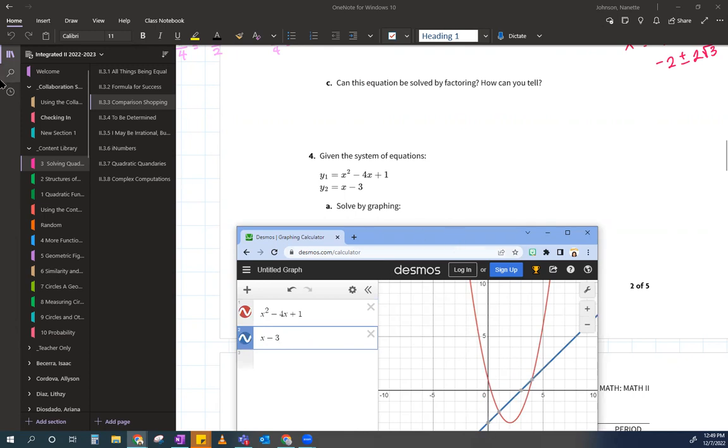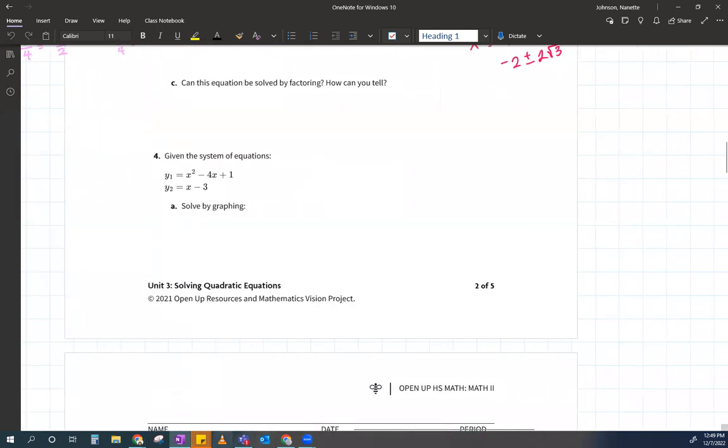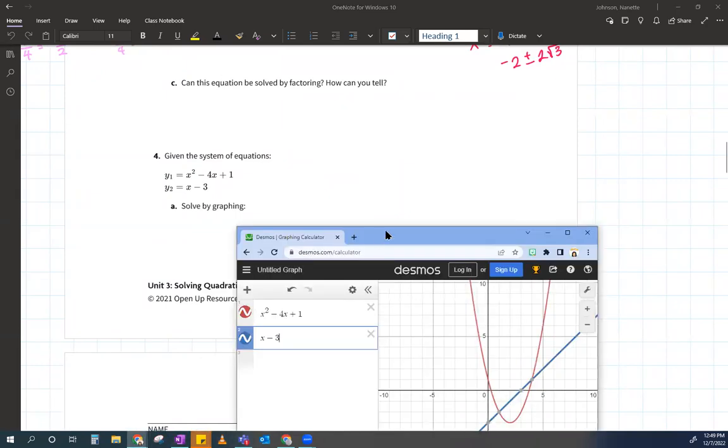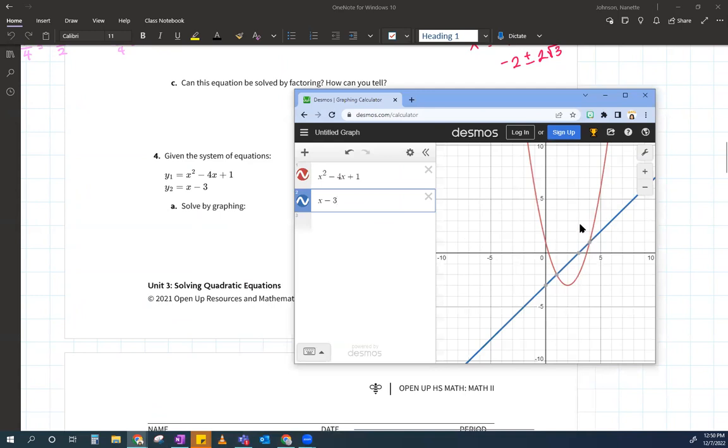Okay, so what do you think they mean by solve the system, and then it looks like this? This is the picture. What do you think my answers are? If this is the picture, what do you think the answer is?